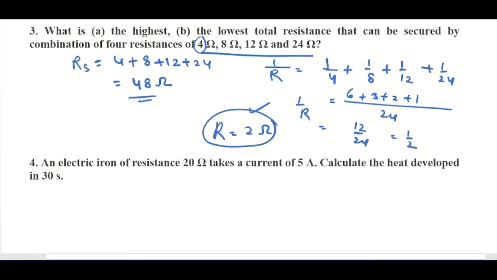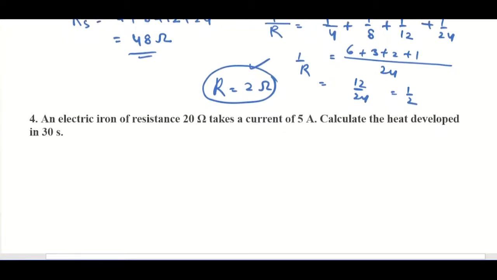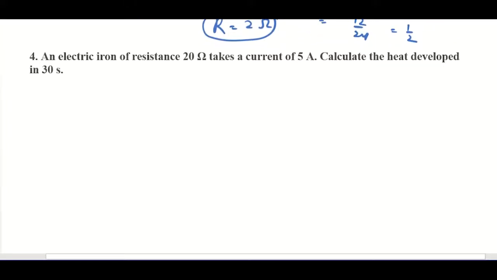Next question is, an electric iron of resistance 20 ohm takes a current of 5 ampere. Calculate the heat developed. To find the heat developed, what is given? Resistance is given 20 ohm, current is given 5 ampere and time is given 30 seconds.